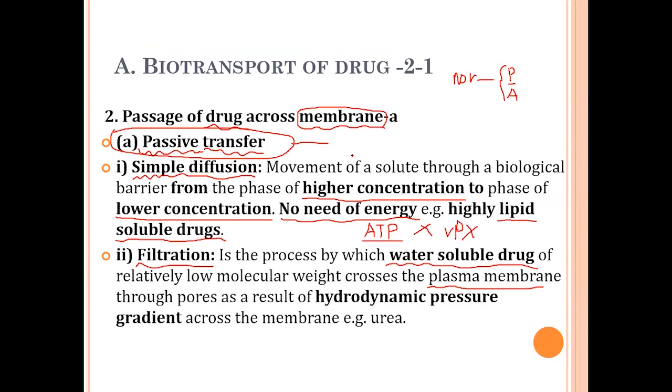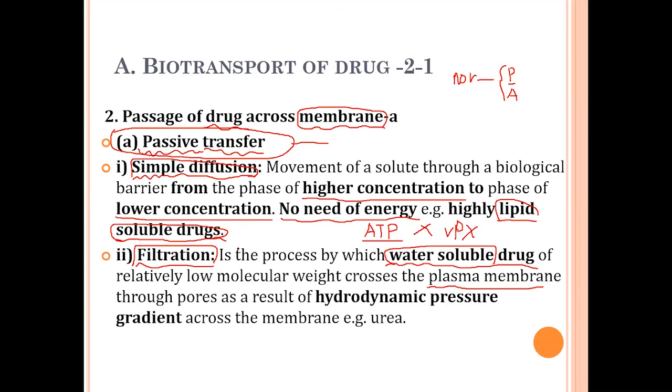If the medication or drug is lipid soluble, it goes by simple diffusion, directly through the cell membrane. If the drug or medication is water soluble, it follows the water by filtration through the membrane.